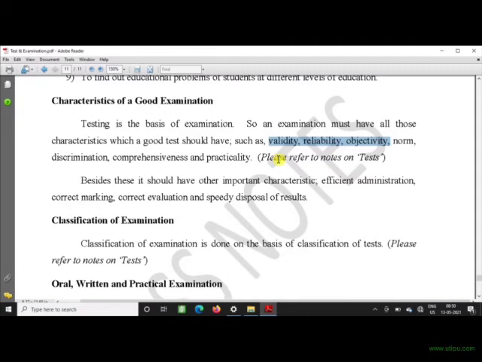So the first characteristic of a good examination is validity. That means it has to be valid. We have so many things in our life which are valid, and we have to check whether they are valid or not. For example, you have your driving license, you have your ATM cards, and they have a certain validity.